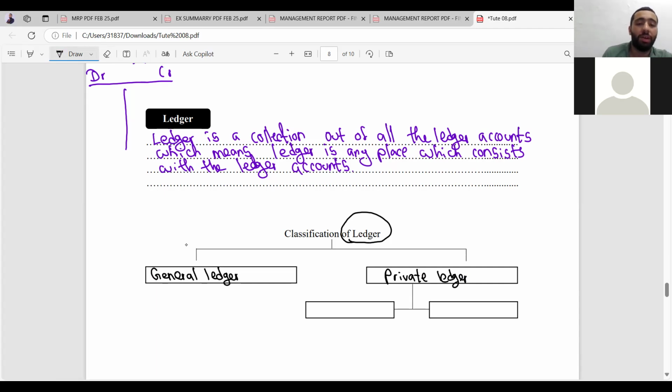Very simple. General ledger, private ledger. And then private ledger divides into two. What is that? Debtors and creditors.